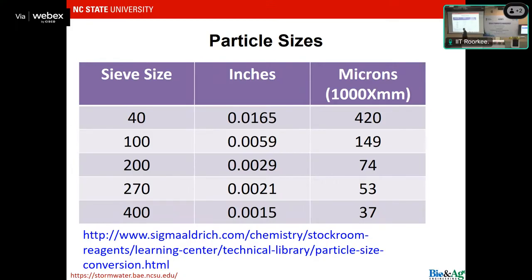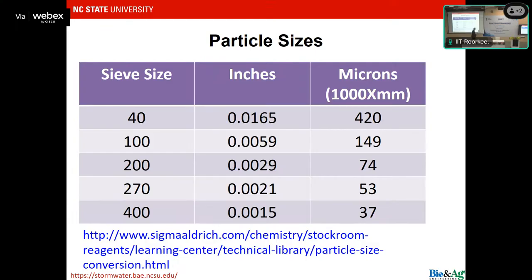We've done a lot of work in North Carolina looking at typical sediment distributions. To have a good feel for how well sedimentation will work here, you'll need to know, and you probably have it, particle size distributions associated with typical runoff in the area.